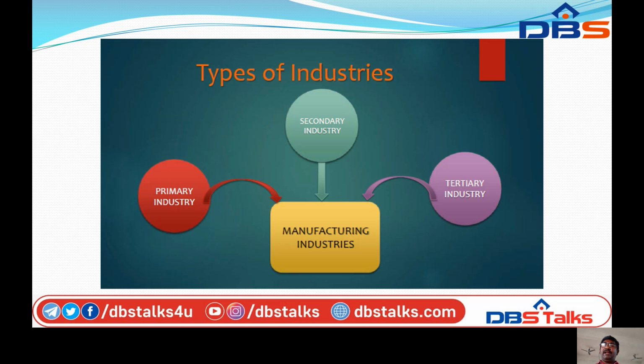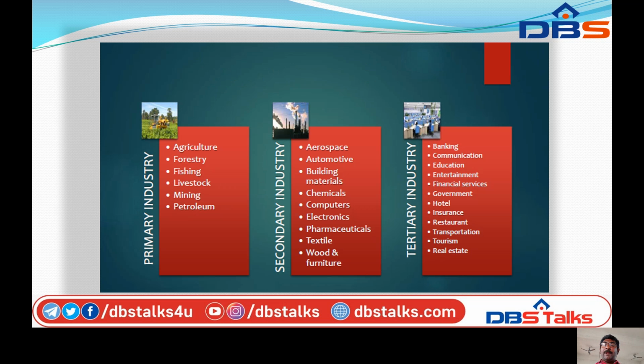Next, types of industries. The manufacturing industry has three major types: primary industry, secondary industry, and tertiary industry. A primary industry is defined as an industry that is concerned with extracting the natural resources on the earth so they can be converted into consumable products.